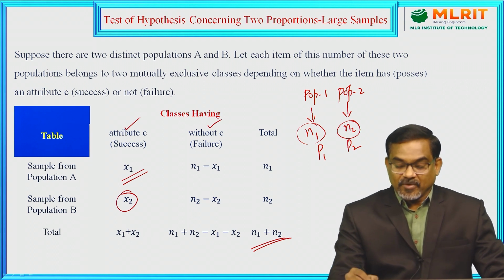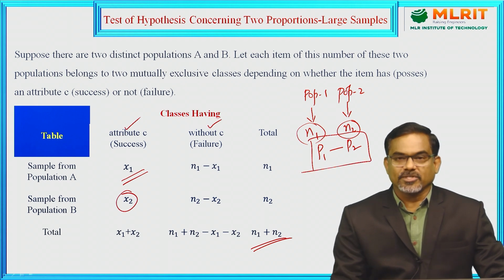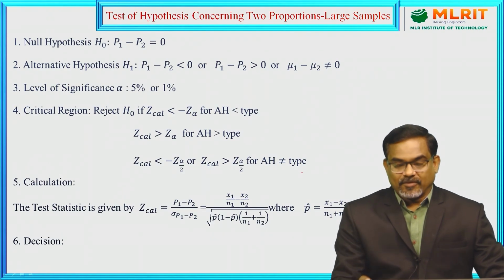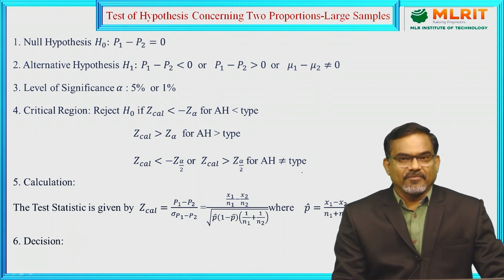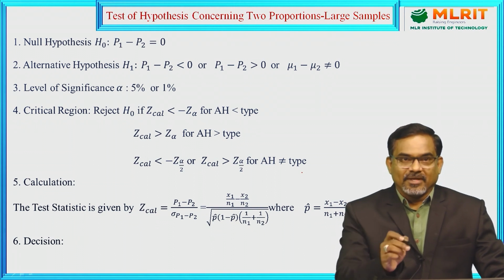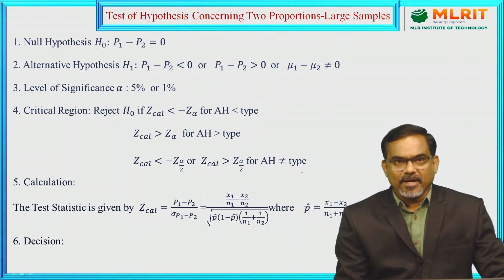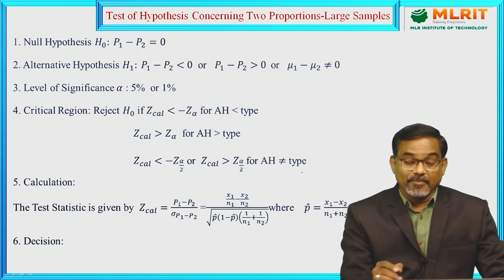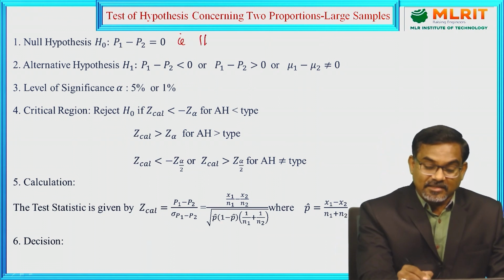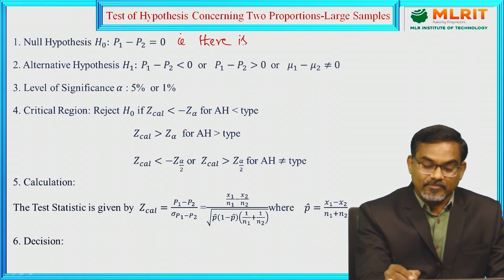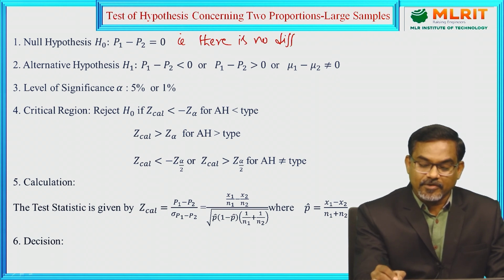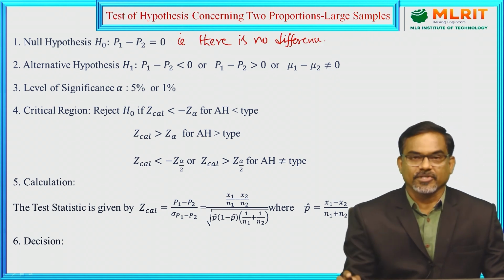Here we test whether there is any difference between the two proportions or not, and the test is as follows. The first one, null hypothesis, H naught: capital P1 minus capital P2 is 0. That means there is no difference between the two population proportions.